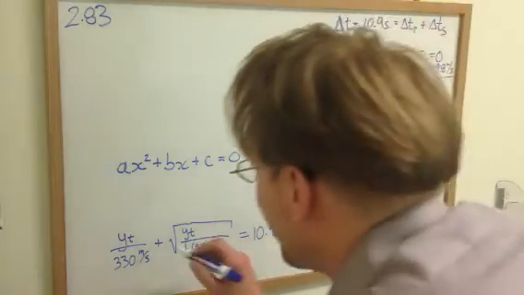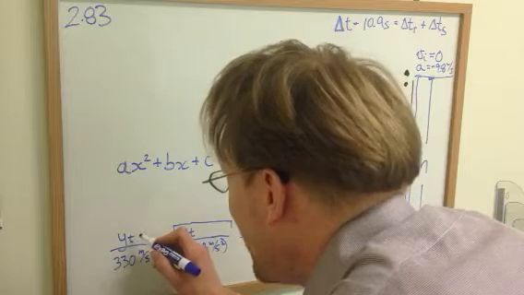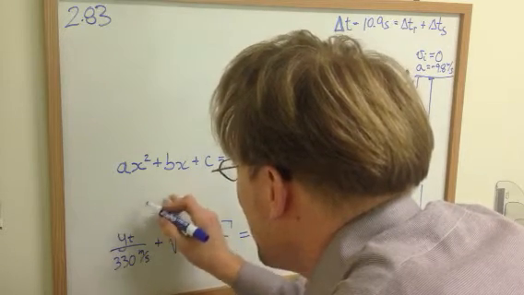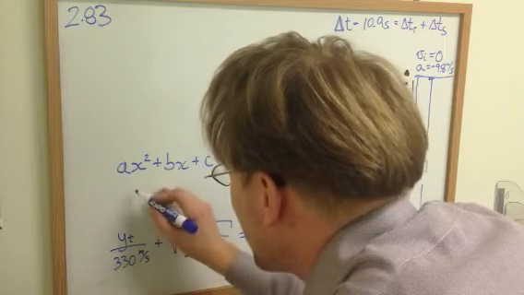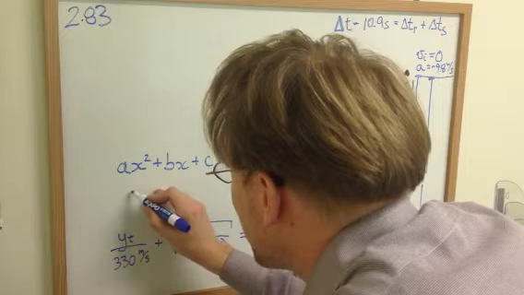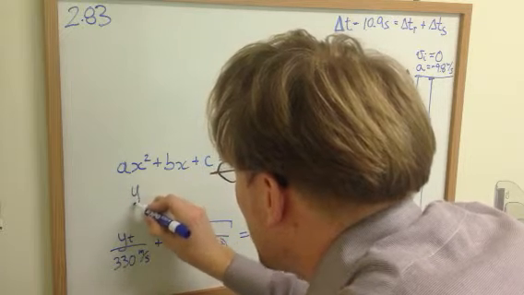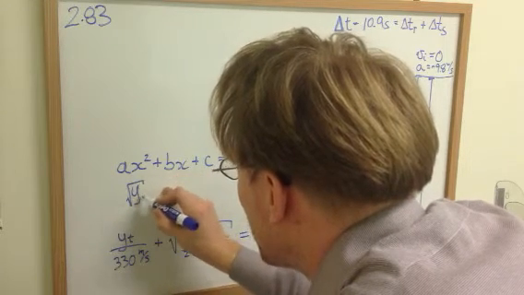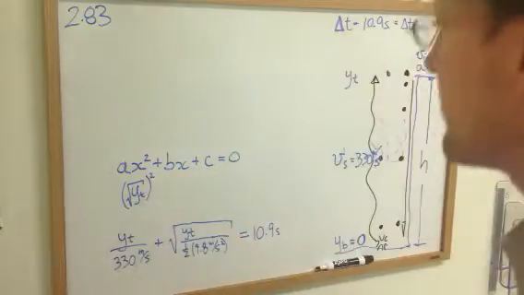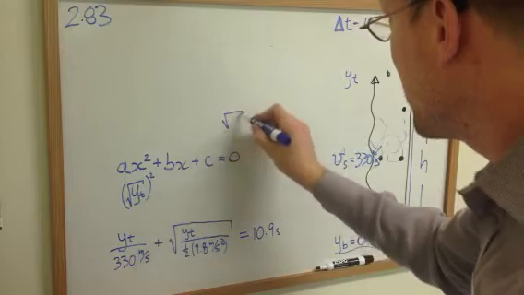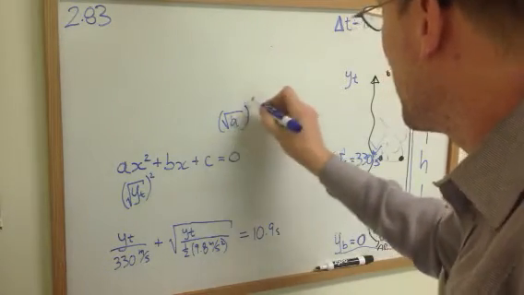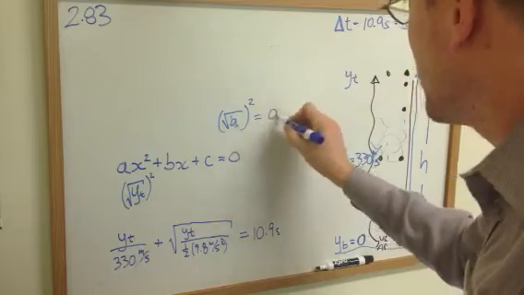Well, yt is, in some weird way, I can restate yt as the square root of yt, squared. Because the square root of a number, all squared, is equal to the number itself.